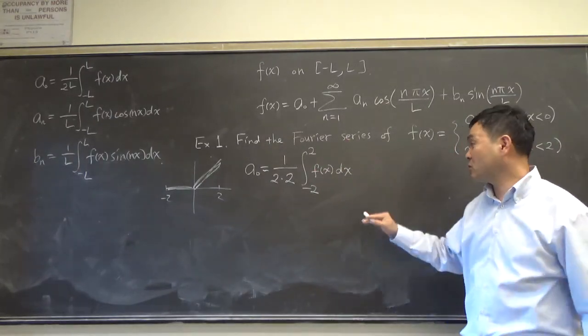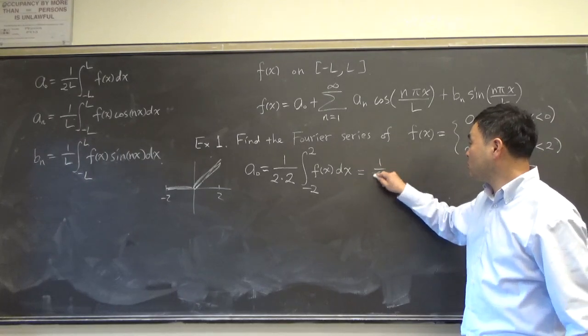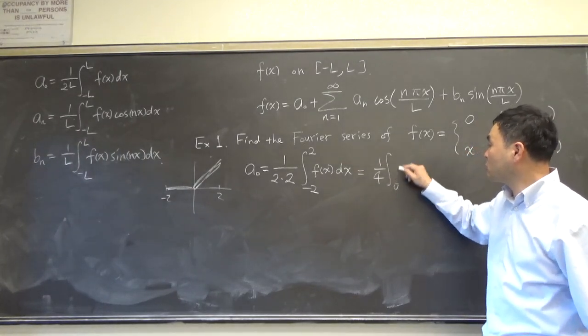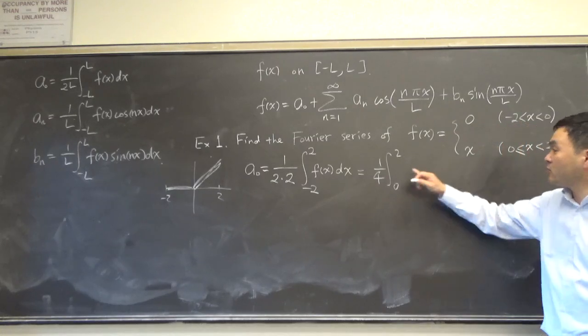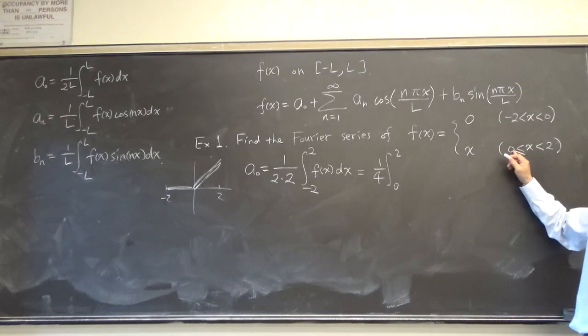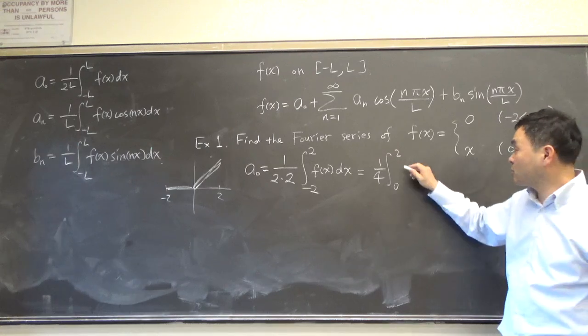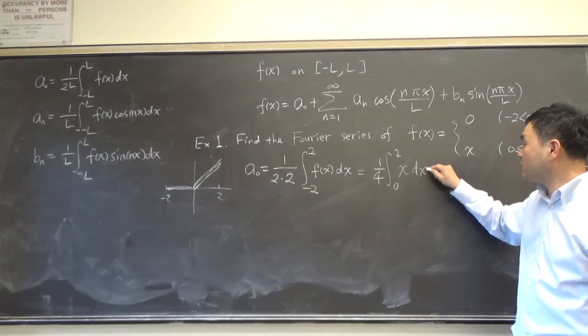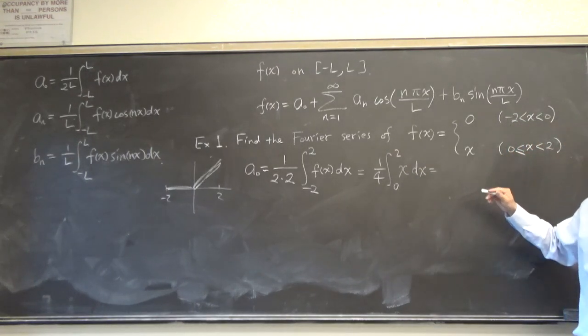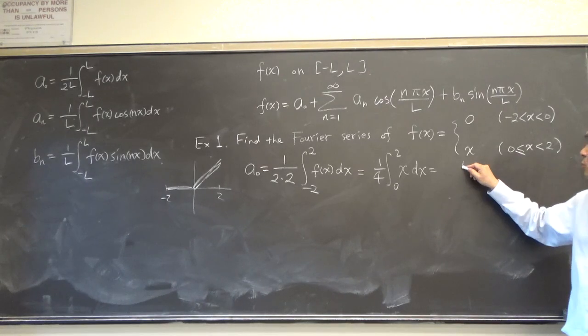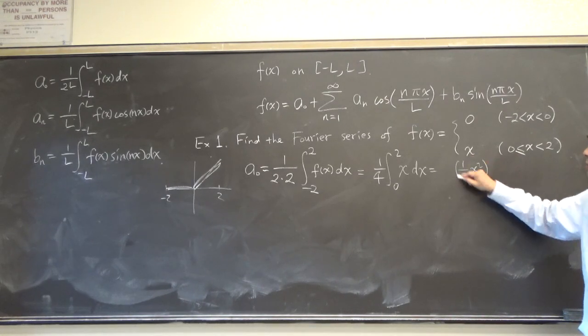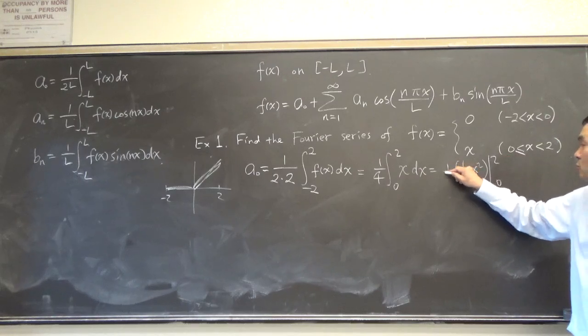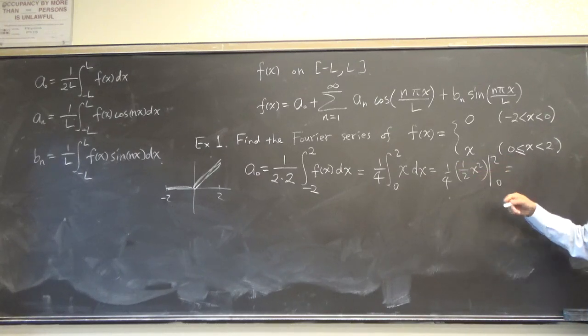The value is 0. So we just need to calculate the integral from 0 to 2 of f of x, but from 0 to 2, f of x is x. So we can just integrate dx here, and therefore you get 1/2 x squared. Plug in 2 and 0, and there's a 1/4 in front, so it's going to give you 1/2.